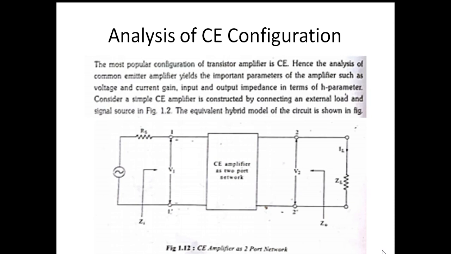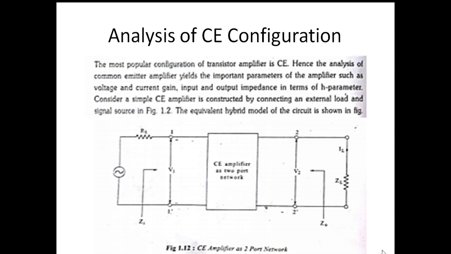The most popular configuration of a transistor amplifier is CE. Hence, the analysis of common emitter amplifier yields the important parameters of the amplifier such as voltage gain, current gain, input impedance, output impedance in terms of H parameter.